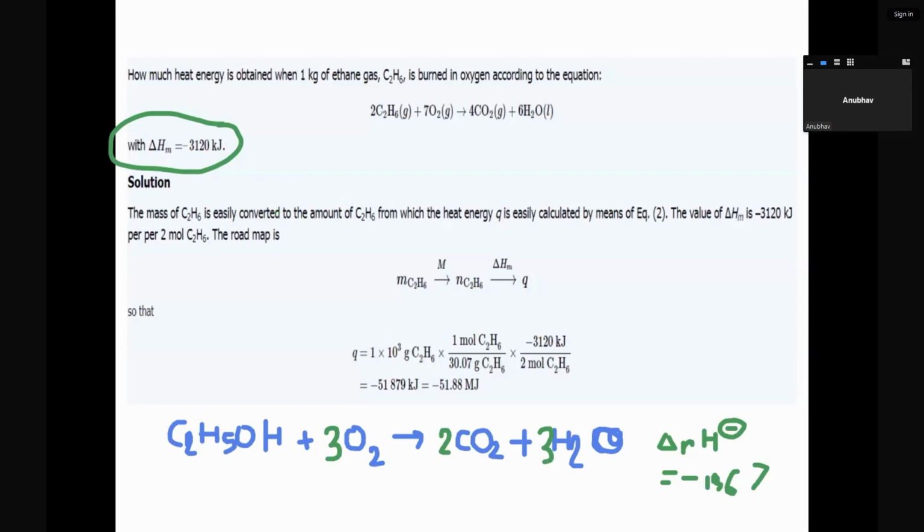The delta HM value given over here, you can see, is for 2 moles of ethane, for which we have the delta HM value minus 3120 kilojoule. Now, we have the road map over here. From the mass of C2H6, we get the amount N of C2H6. And from there, if we put in the energy delta HM, we will ultimately get the value of Q.